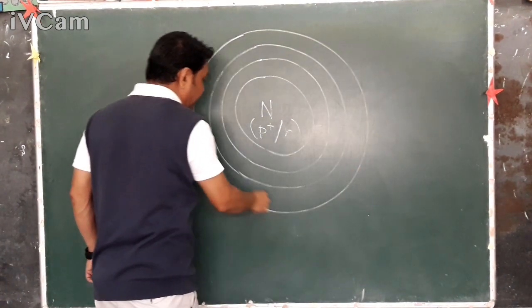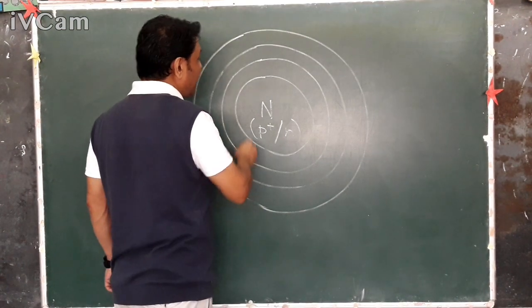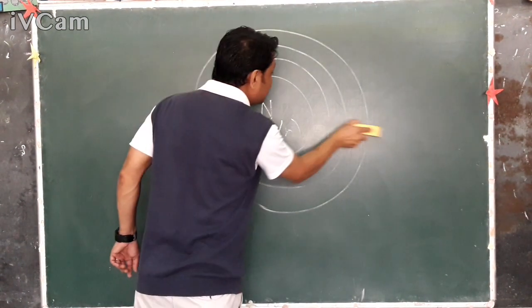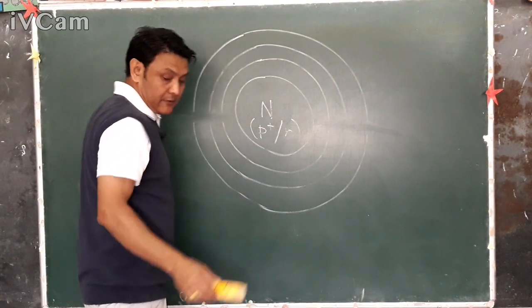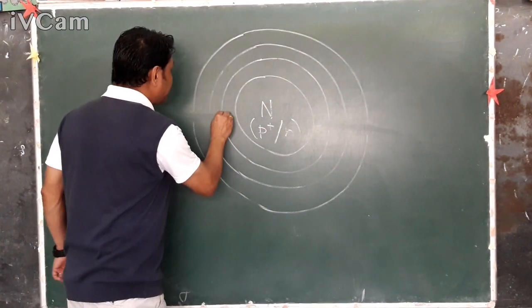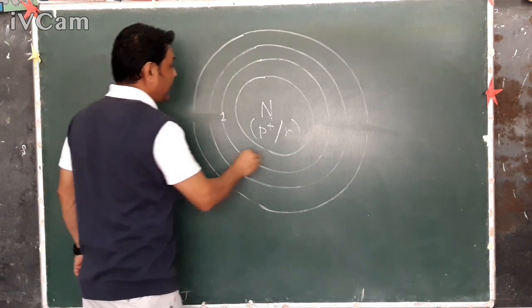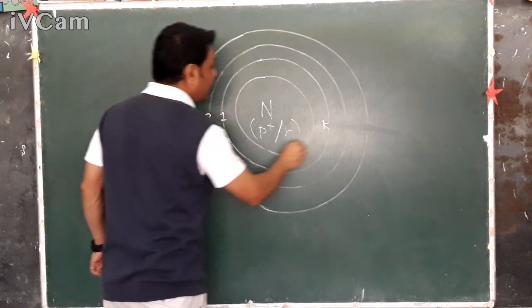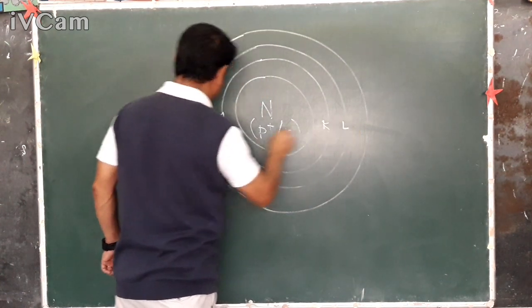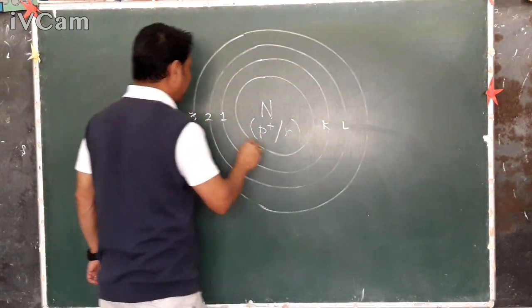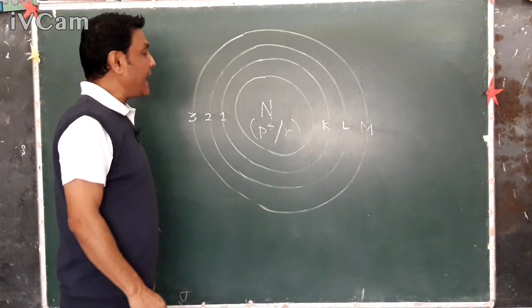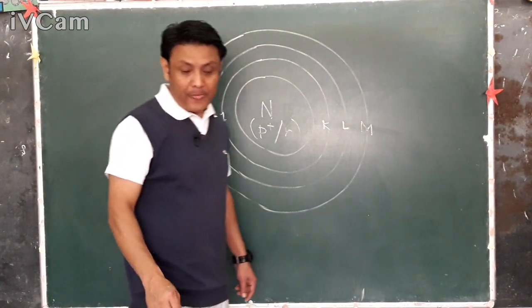We have names given to the different orbits: this is the first orbit, K, the second orbit, L, the third orbit, M, and the fourth orbit, N, and so on.